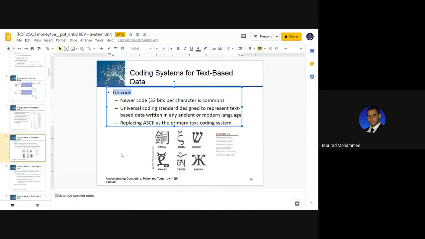Still, we are talking about data representation in the computer. Talking in Arabic, writing in Arabic, reading in Arabic, displaying some text in Arabic, or writing in Chinese or Greek or whatever you are seeing here, the computer does not have any capability to understand that.